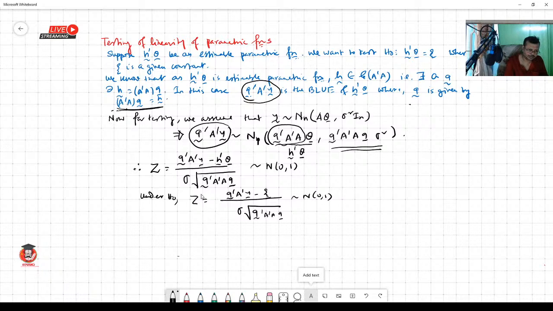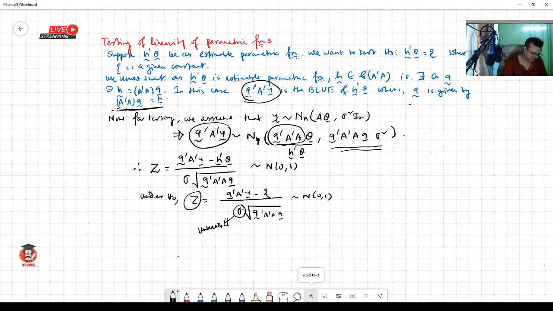But this z cannot be used as a statistic because this sigma is unknown. Again I repeat, we cannot use z statistic because sigma is unknown.